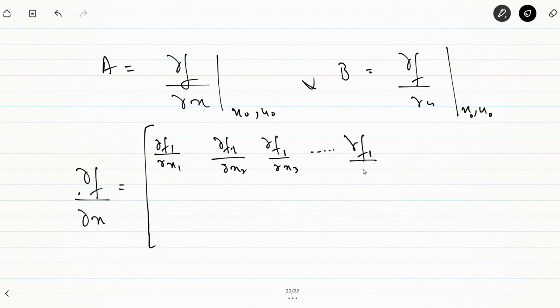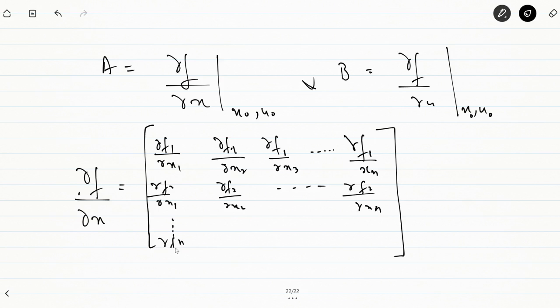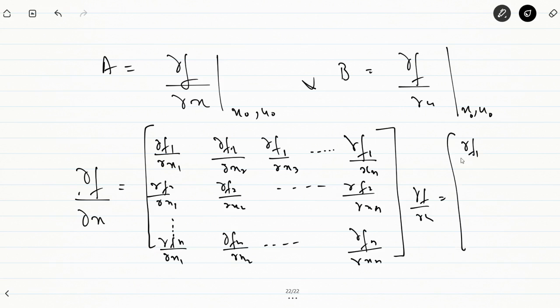First differential equation, its partial derivative with respect to the n state variables, delta f2 divided by delta x1, delta f2 divided by delta x2, and so on up to delta f2 divided by delta xn. The nth differential equation, its derivative with respect to x1, delta fn divided by delta x2, and so on up to delta fn divided by delta xn. Similarly delta f by delta u will be equal to delta f1, the first differential equation, its derivative with respect to u, the second differential equation, its derivative with respect to u, and so on, the last differential equation, its derivative with respect to u.